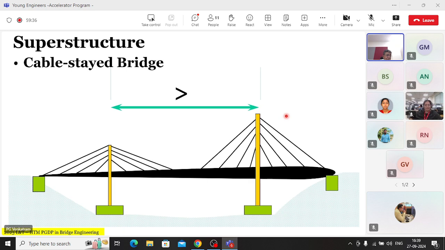Are you aware of any cable stayed bridge built in India? Yeah? No? It is usually between 300 meter to 400. Who is that? Just as I told you, since our cameras are off and I can't see, you can just tell who you are and then tell.